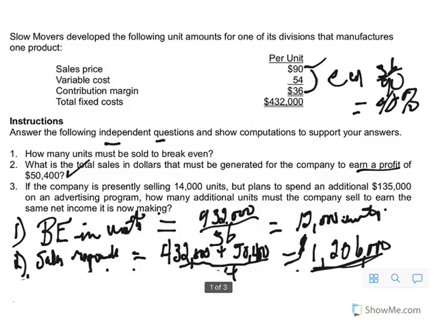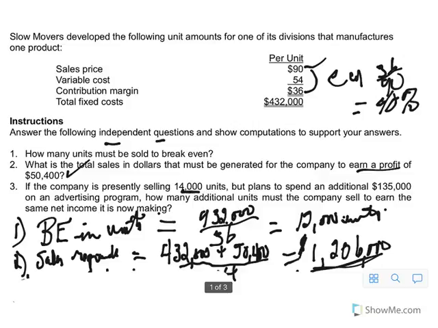Now, number 3, if the company is presently selling 14,000 units, but plans to spend an additional $135,000 on an advertising program, how many additional units must the company sell to earn the same net income that it is now making? Well, first I have to figure out what is the net income that they're now making at 14,000 units.